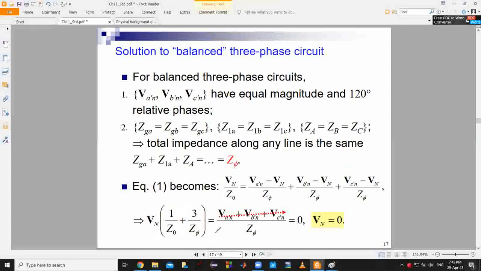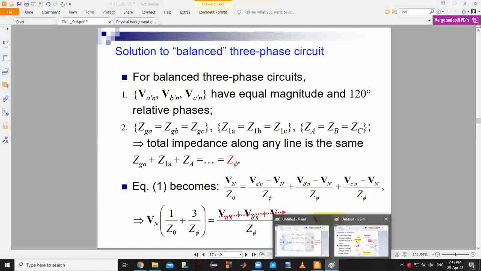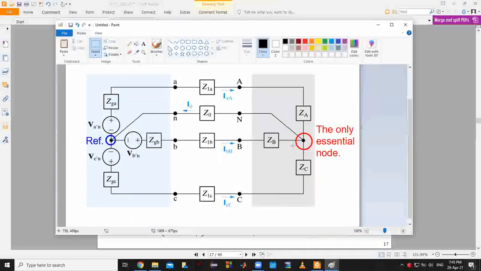And so after calculating, putting this in place, we see that Vn is equal to 0. The node voltage of this node is 0. It's the same node.